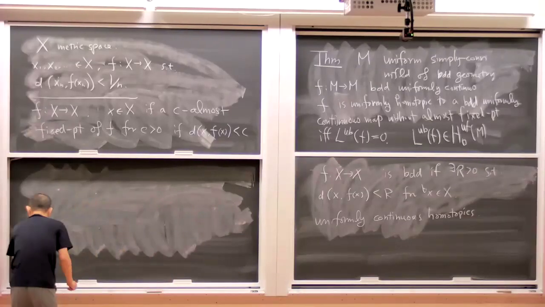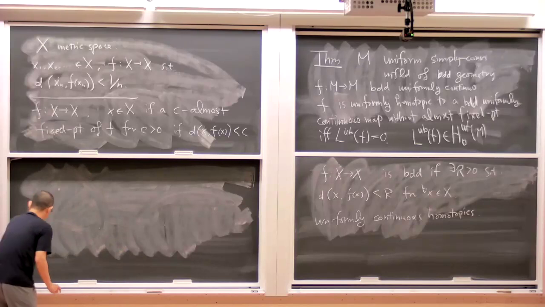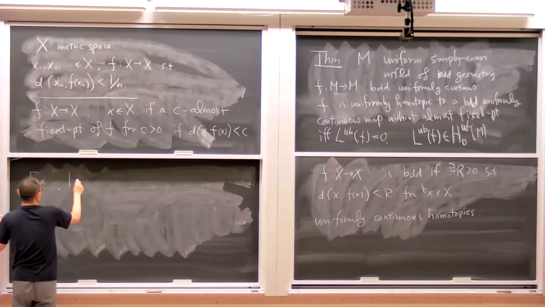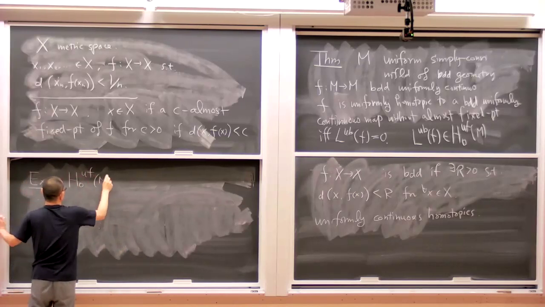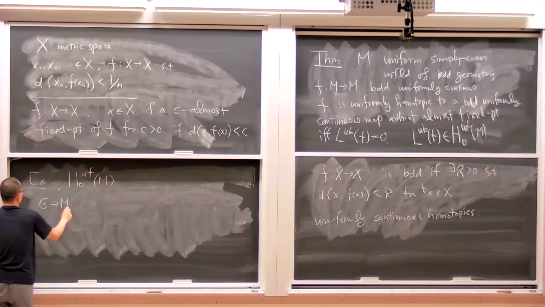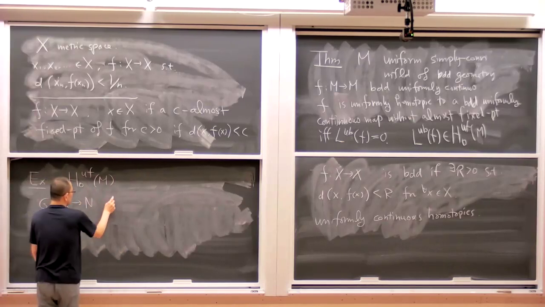Right, so let's talk a little bit about the zeroth uniformly finite homology of M. Let's consider again the case of a Galois covering over a closed manifold.